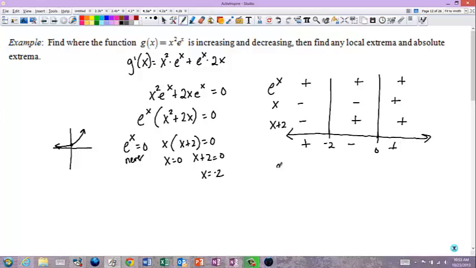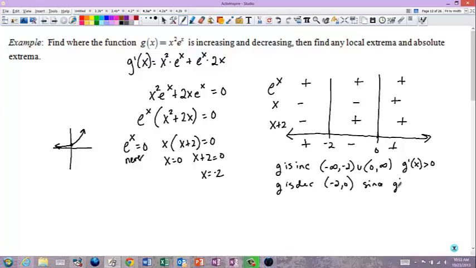So it's increasing. g is increasing from negative infinity to negative 2, union 0 to infinity, because g prime of x is greater than 0. G is decreasing from negative 2 to 0, since g prime of x is less than 0.